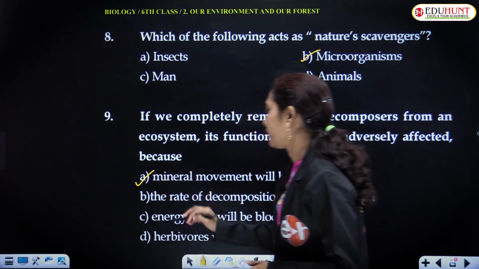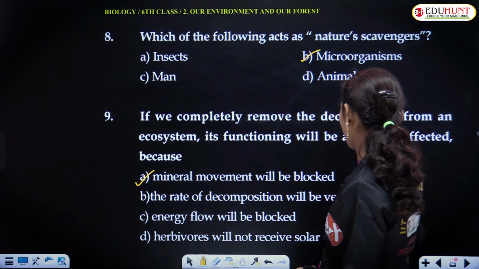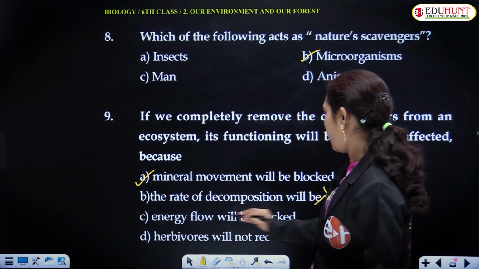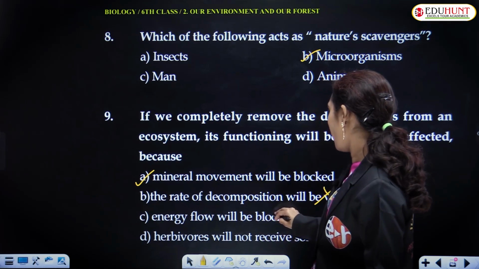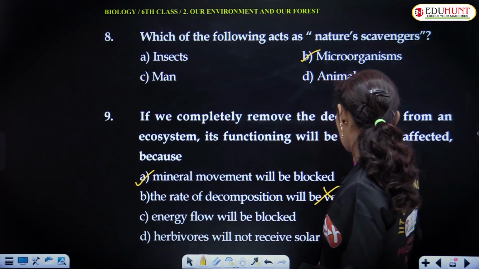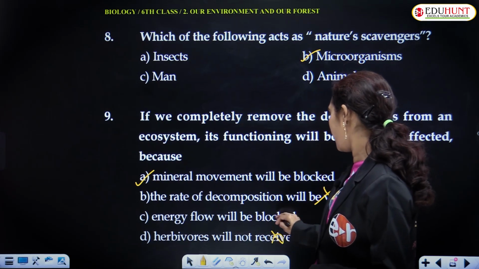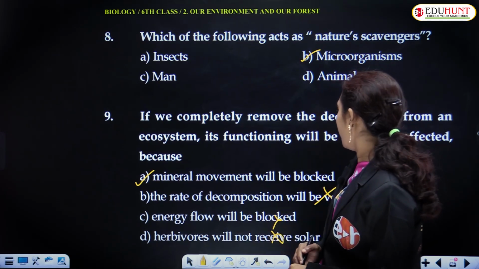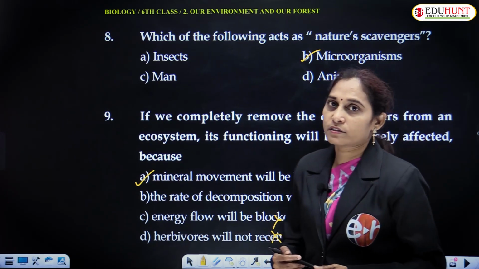That is the correct one. The rate of decomposition will be very high, no. Energy flow will be blocked, no. Herbivores will not receive solar energy, that is not it. Mineral movement will be blocked.